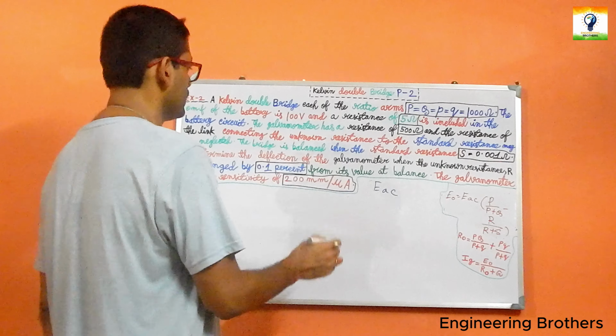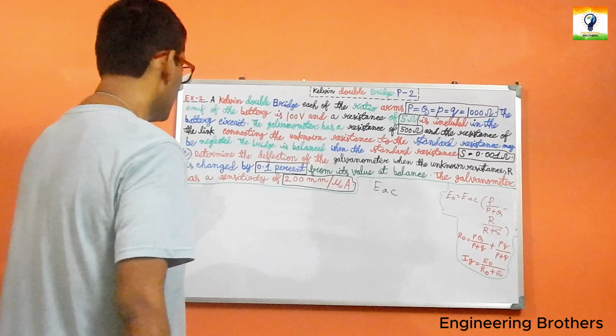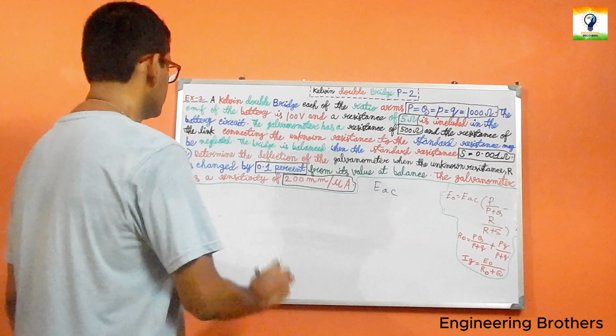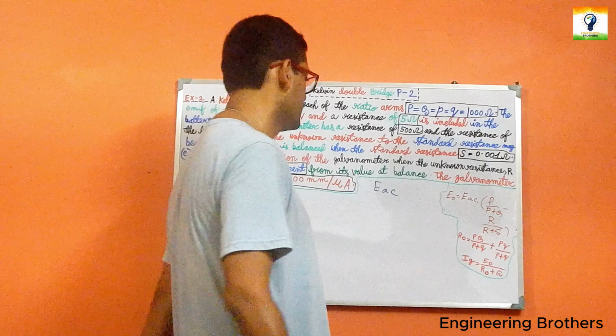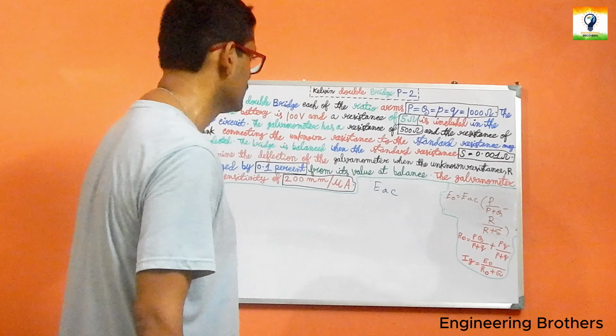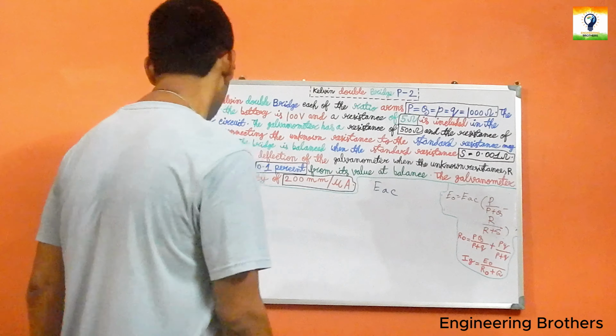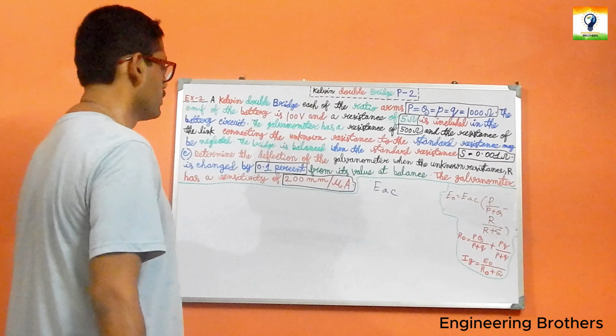But before I go into that, now get back towards our problem statement. Determine the deflection of the galvanometer. We have got the expression for our galvanometer deflection when the unknown resistance R is changed by 0.1%.